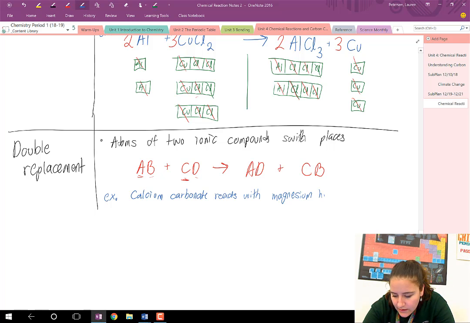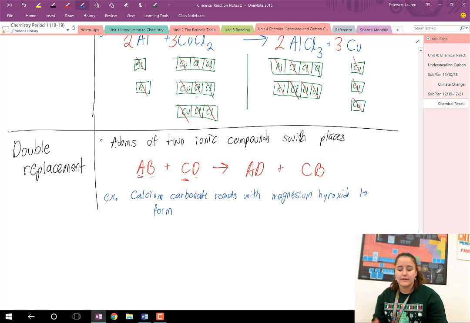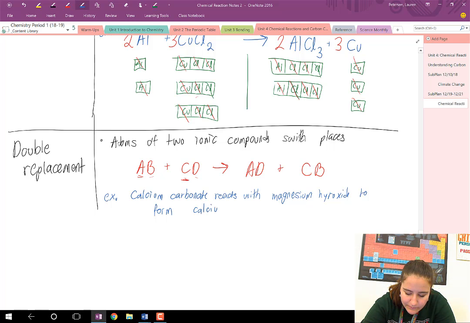Magnesium hydroxide to form, and they switch places. So it'll form calcium hydroxide and magnesium carbonate.